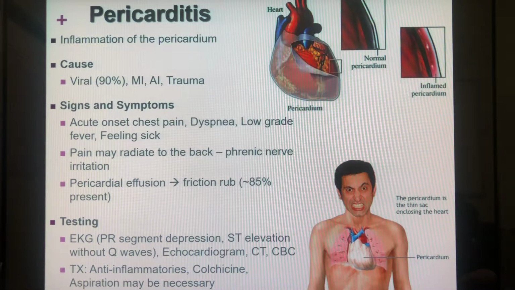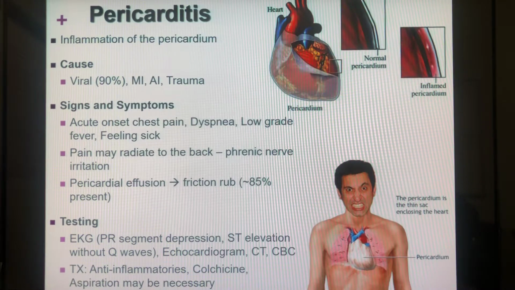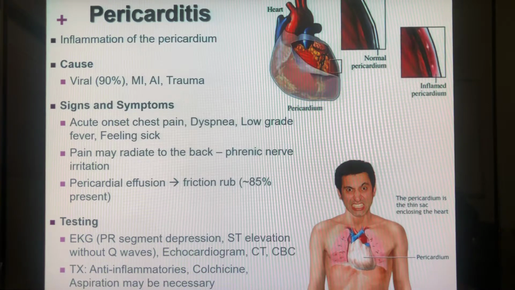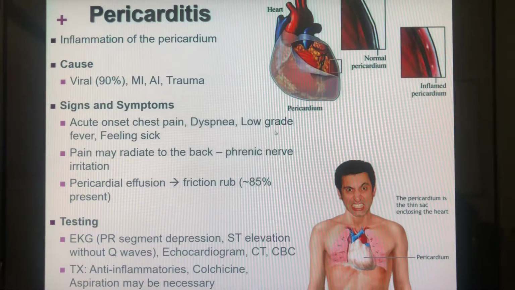Then that's going to lead to it being much less efficient, and therefore we can end up having some difficulty breathing because of the backflow of blood again. Okay, low-grade fever, as a general rule, by the way, if something's associated with viruses instead of bacteria, the fevers tend to be more low-grade.